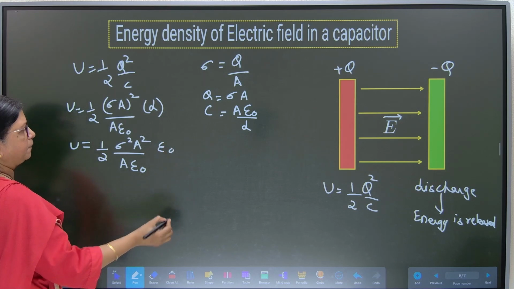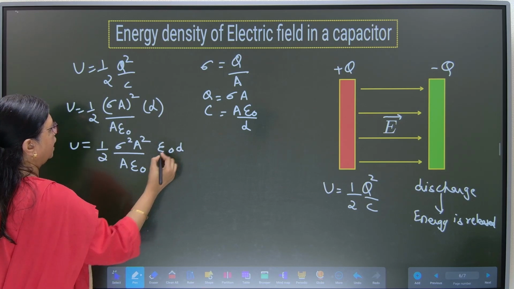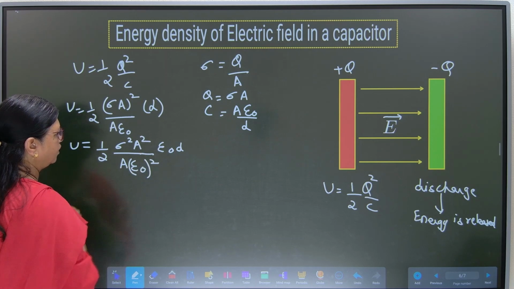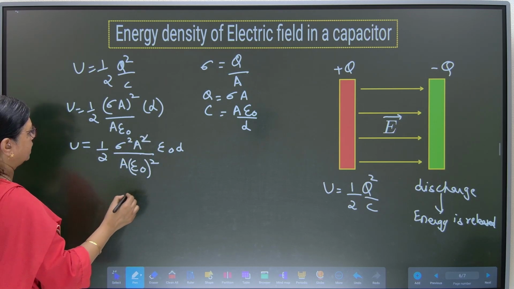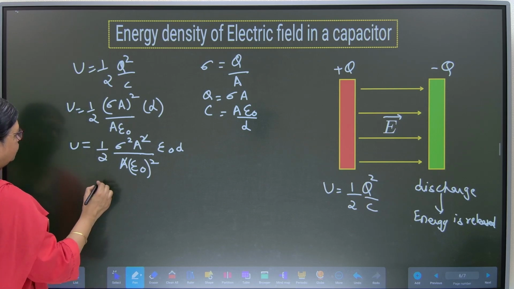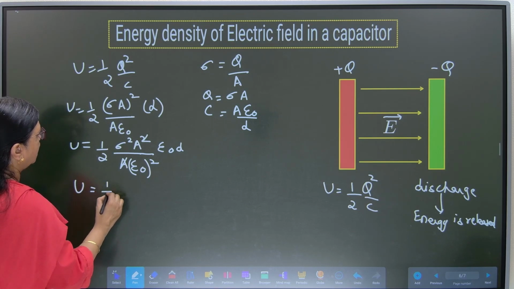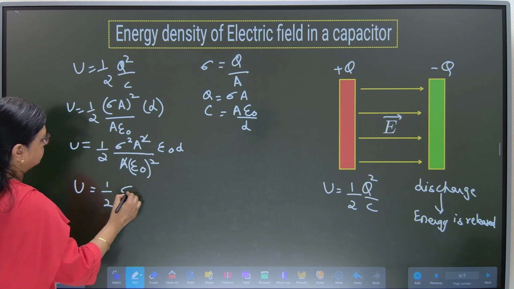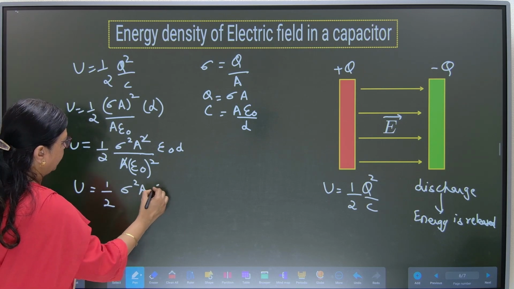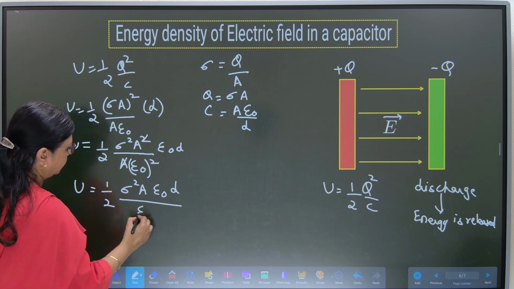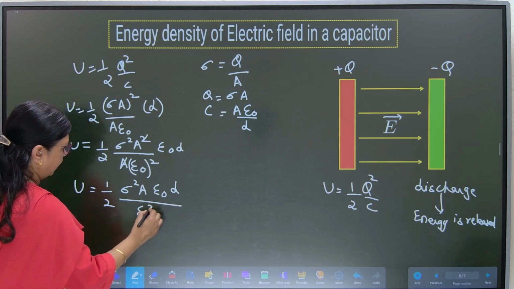Epsilon naught I multiply up, D I write, and epsilon naught I write down also, so that I get epsilon naught square. And I cancel A and A here. So now we get half sigma square A epsilon naught D upon epsilon naught square.